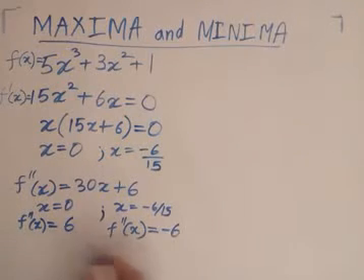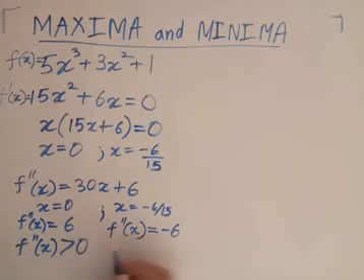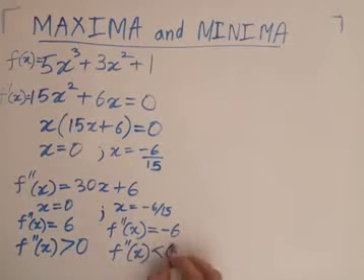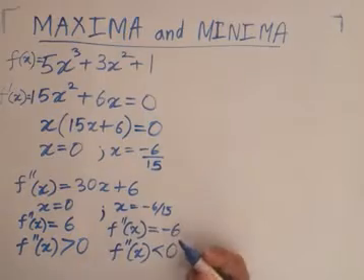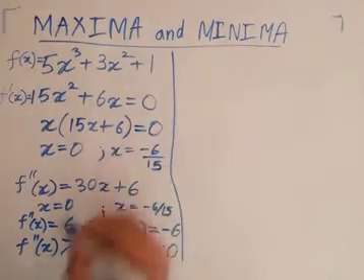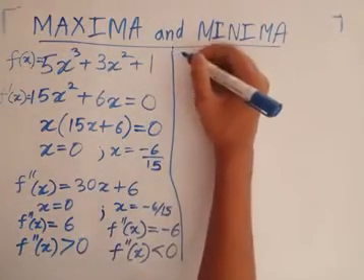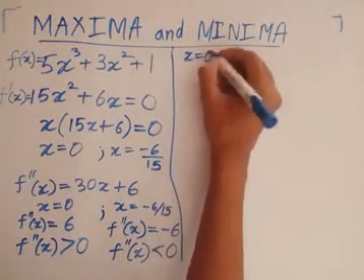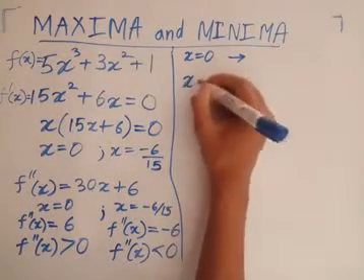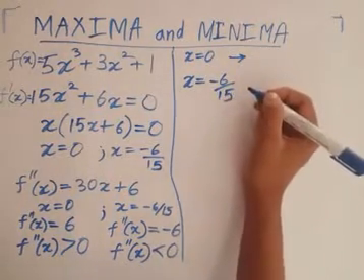So the values are not actually important. What we just need to see is that here the second derivative is greater than 0, and here the second derivative is less than 0. So if I continue writing here, the point corresponding to where the second derivative is greater than 0, at x is equal to 0, and here I have minus 6 by 15.